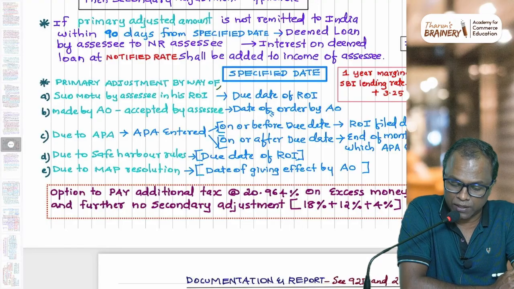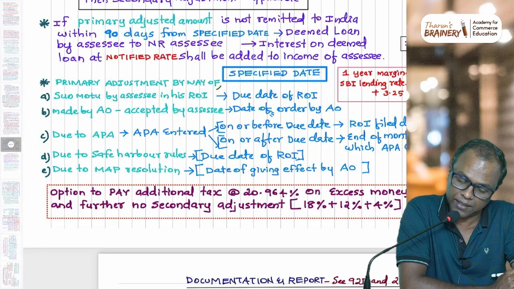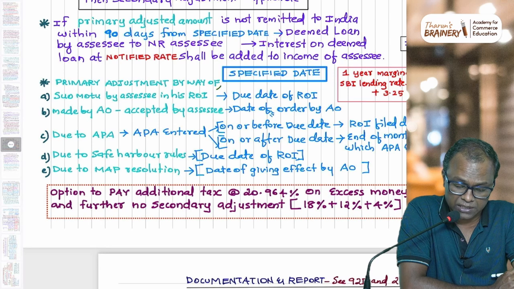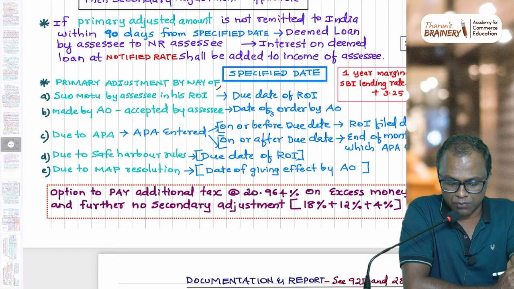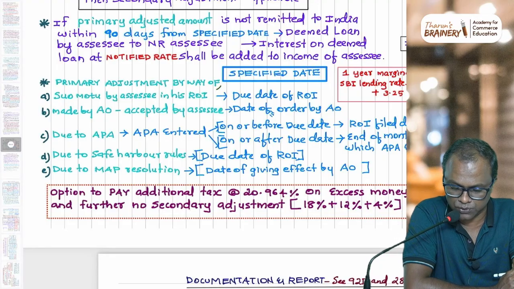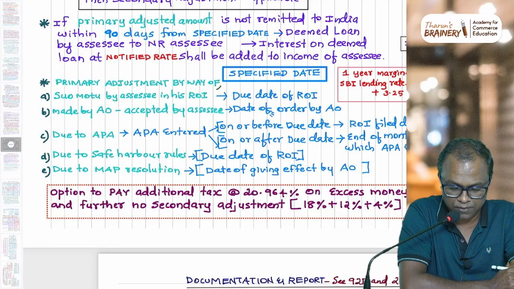And third, due to an advance pricing agreement, the APA, where the assessee entered into an advance pricing agreement with the department. Based on that APA pricing methodology, his income is increased in his return. Or due to the safe harbor rule, or due to a MAP resolution, that is, a mutual agreement procedure.